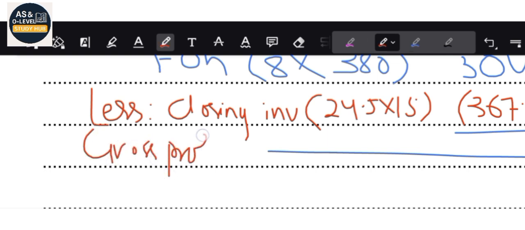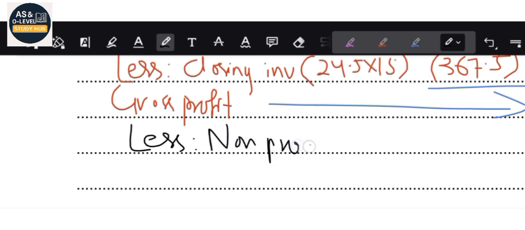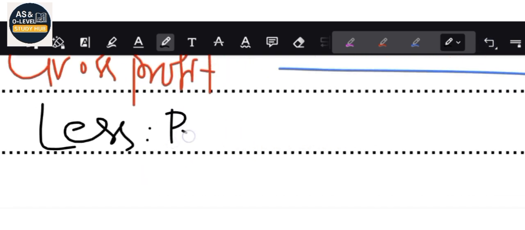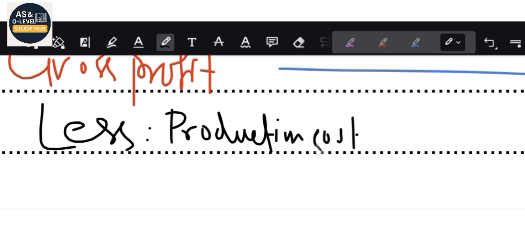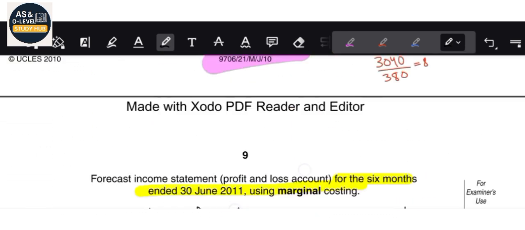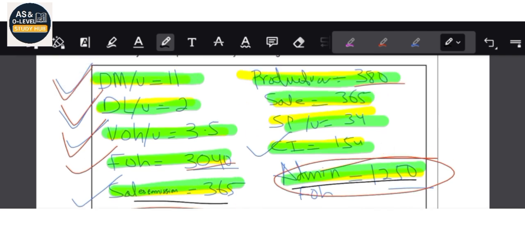Now we will subtract the non-production cost. Sorry for the writing. In non-production cost, we have admin cost, and I think we have sales commission, and admin FOH. Anything else?